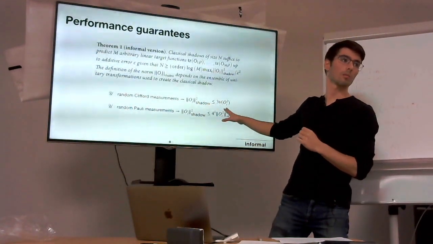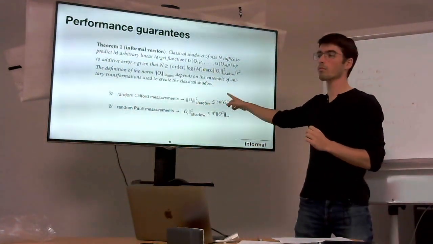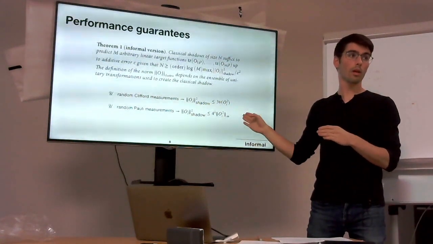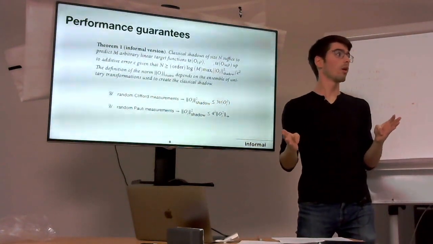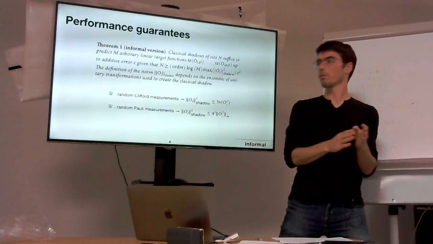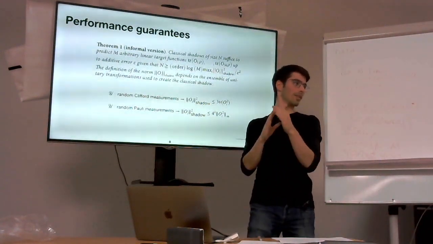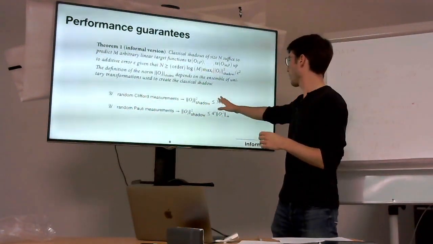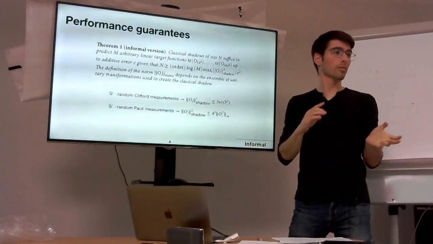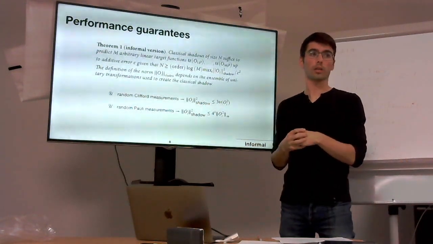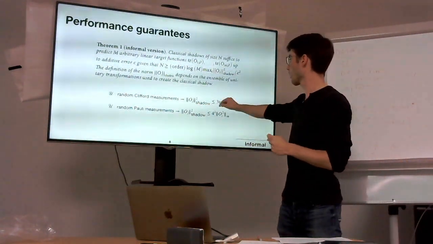Okay, so this Hilbert-Schmidt norm can scale with the size of the system, or maybe not. For some observables it does, for others it doesn't. But this is more or less the relation.